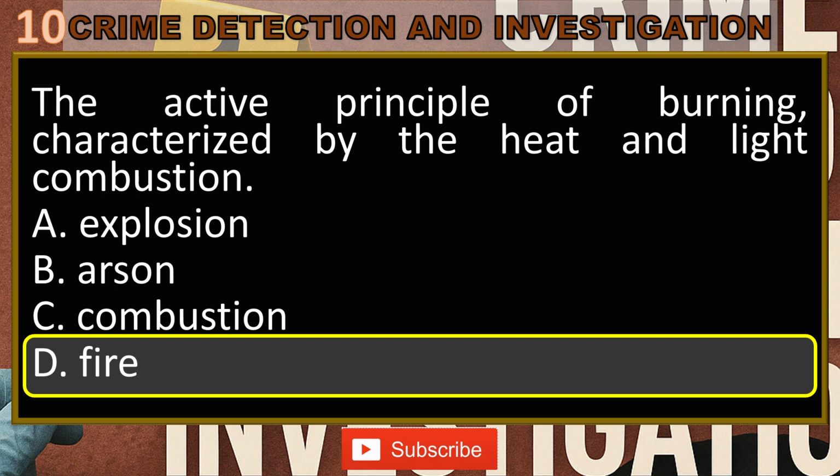Refers to the act, not the burning process itself. C. Combustion. The chemical process of burning. While combustion causes fire, it is the process, not the active principle, result, characterized by heat and light as clearly as fire. Final answer, D. Fire.